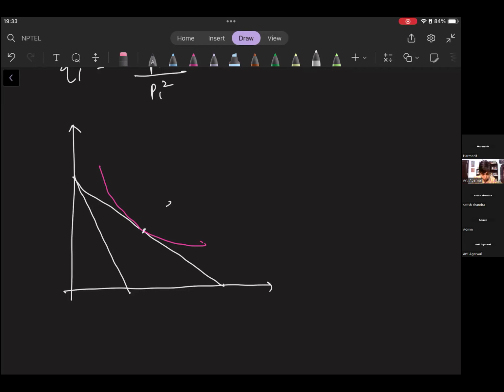This was your initial equilibrium. So E1 was your initial equilibrium, and you're on that pink colored indifference curve.